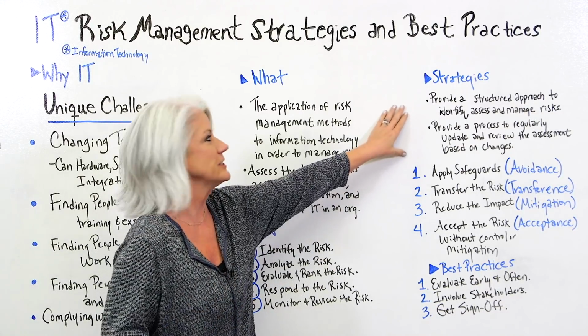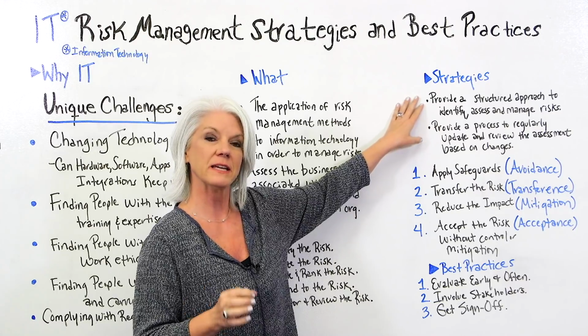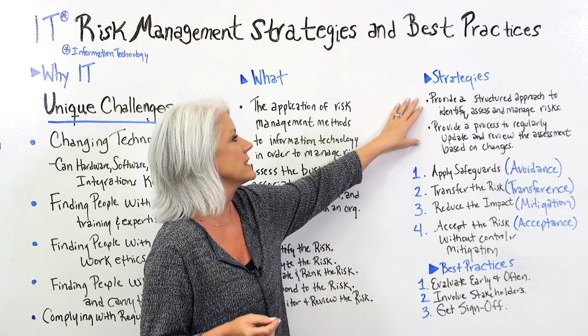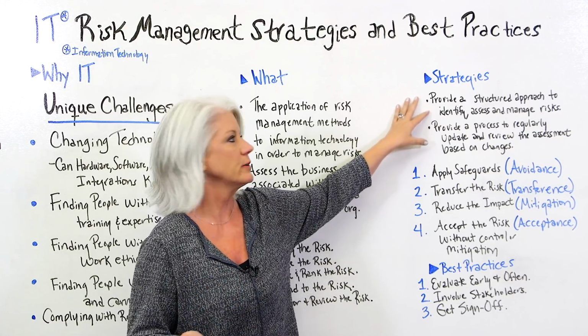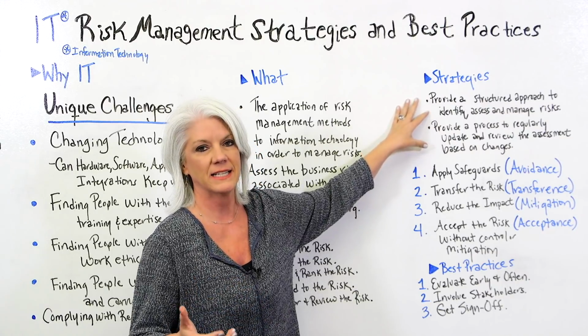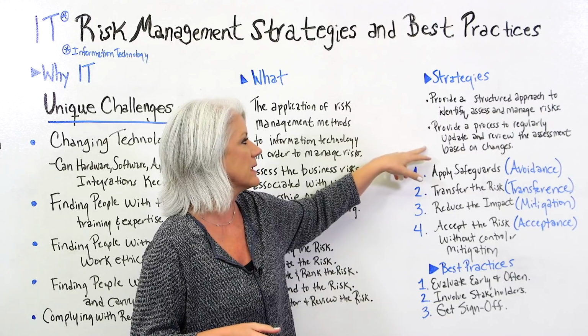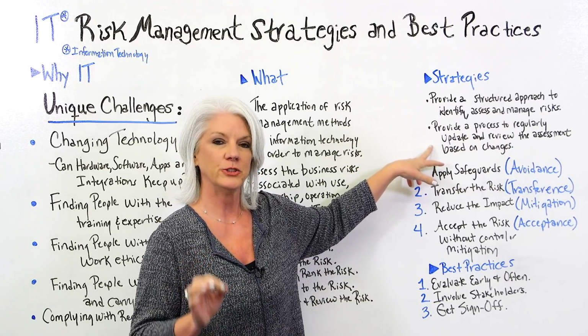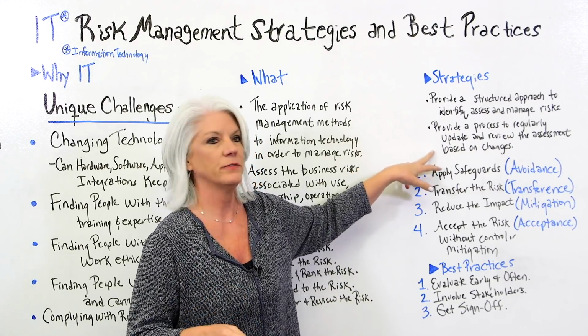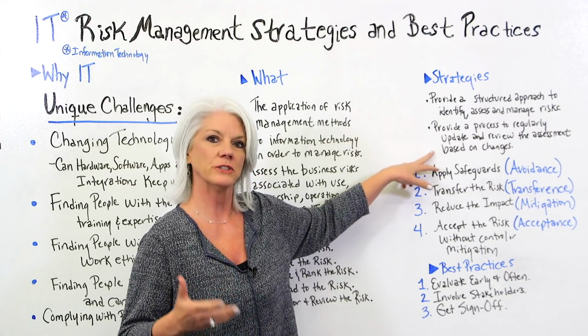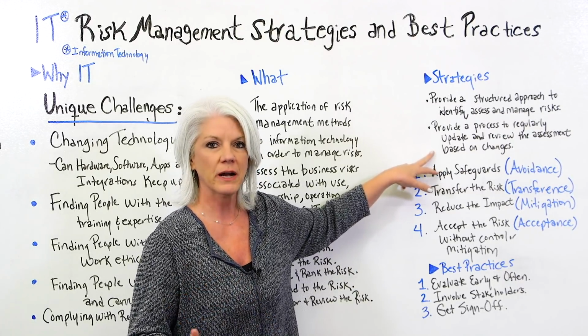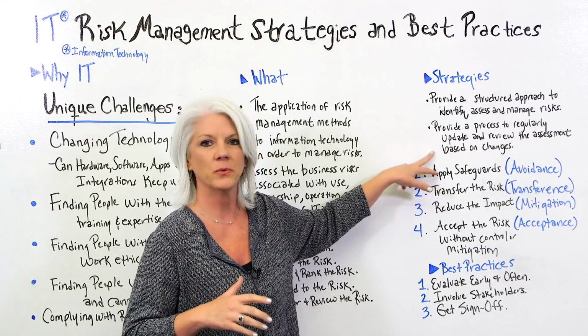So here are some strategies. So the thing about using strategies is it provides a structured approach to identify, assess, and manage those risks. Strategies also provide a process that you regularly update and review the assessment based on changes that happen to the project, the environment, the economy, whatever.